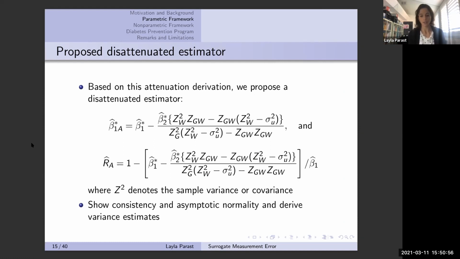But here in particular, it's important because in terms of decision-making, some people have argued that you should use the confidence interval for R to make a decision about whether something is explaining a substantial amount of the treatment effect. So it's been proposed that you say something is a good surrogate if the lower bound of the confidence interval for R is greater than 0.75 or 0.5. So having a way to estimate that confidence interval is especially important here.